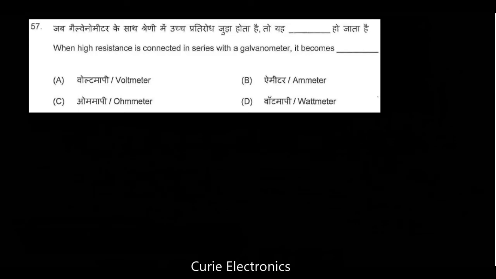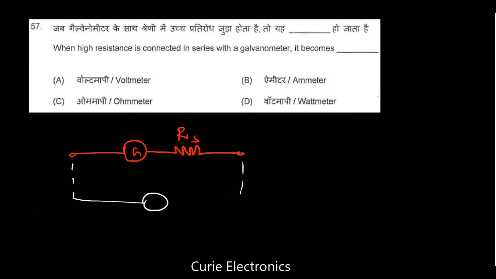When high resistance is connected in series with a galvanometer, it becomes. So what we do, we have a galvanometer. So if we connect a series resistance RS of high value with it, this becomes a voltmeter. If you want to convert this galvanometer to ammeter, what we do?